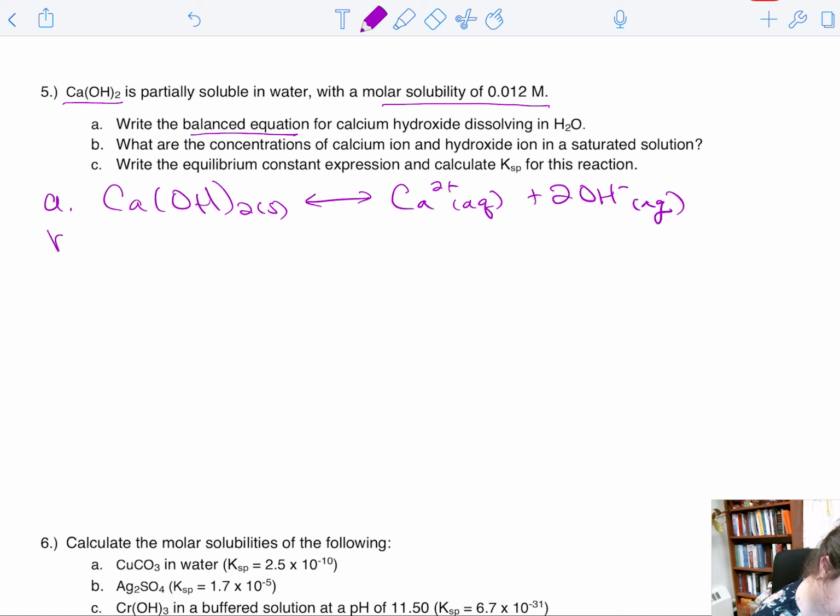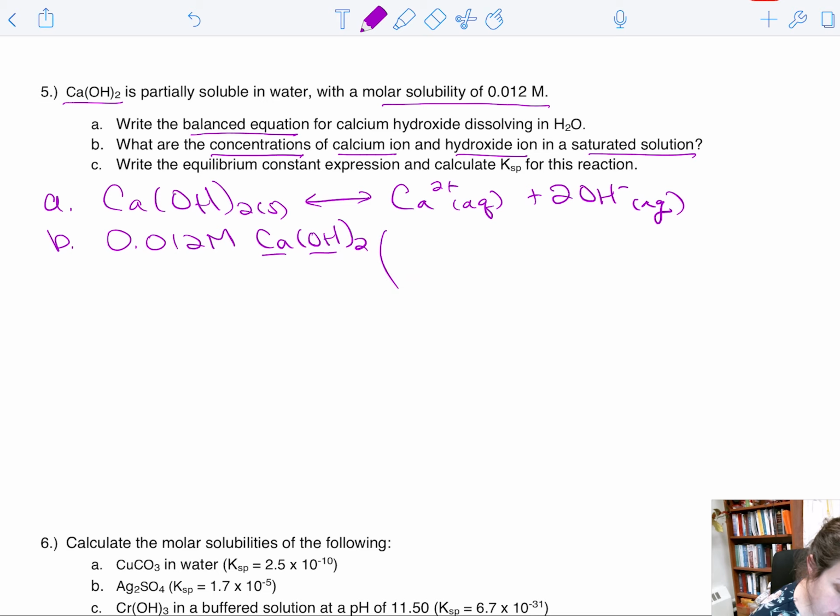If we want to solve for our concentration of calcium ions and hydroxide ions in a saturated solution, we're going to first use our molar solubility. So we have a molar solubility of 0.012 molar for calcium hydroxide. If we want to convert this into calcium and hydroxide, we're just going to use our balanced equation above.